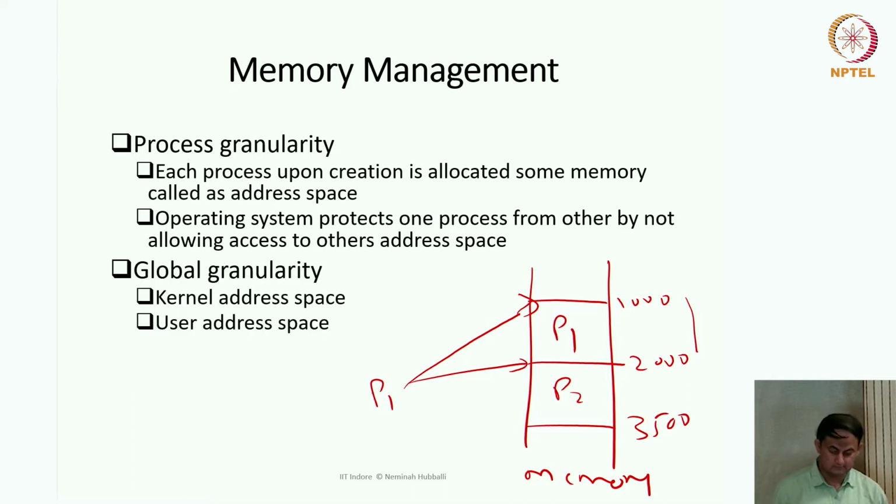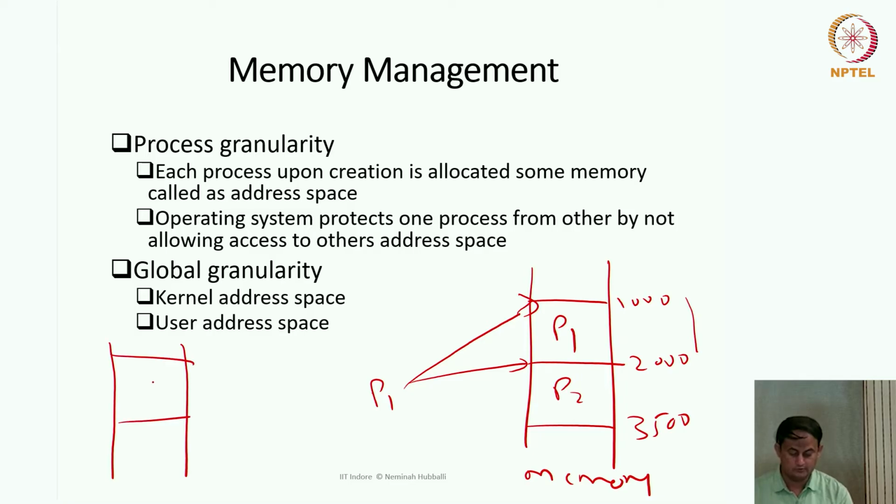The second thing it does is, on a global level, it divides the memory into two parts. We said that the kernel is the most important part of the operating system. So a portion of the memory is given to the kernel, and the second portion is given to the user processes. If I view the memory again, one portion is the kernel address space, and the remaining portion is called the user address space.